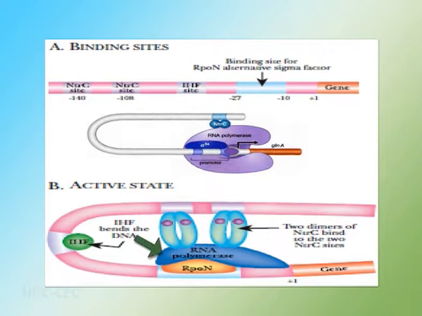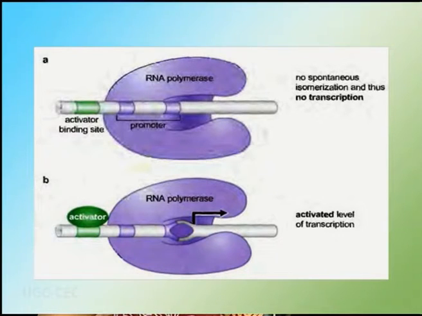But this RNA polymerase, which was previously bound to the promoter region, was locked in a closed promoter complex. And as we all know, to initiate transcription, the closed promoter complex should undergo conversion to an open promoter complex. And this is the point wherein NtrC executes its action. Binding to the activator site, it carries on the conversion of this closed promoter complex to the open promoter complex.